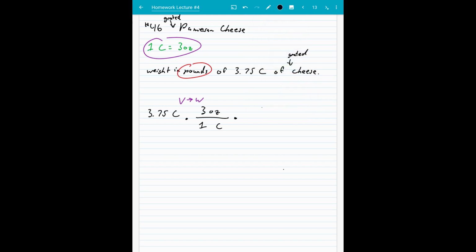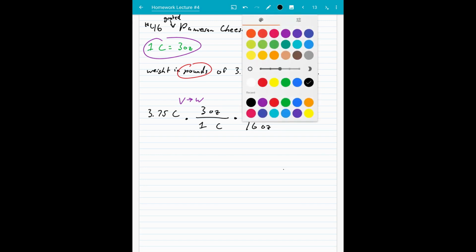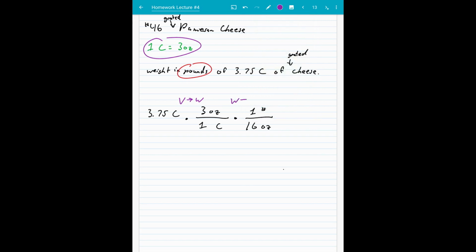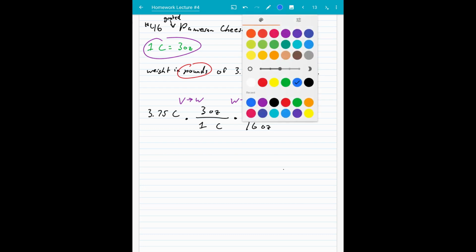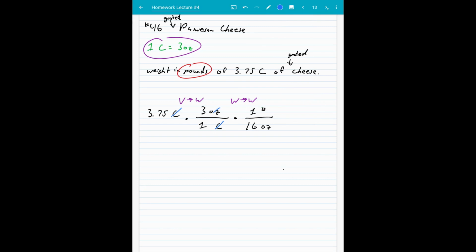Then we just need to change ounces to pounds. There's 16 ounces per 1 pound. That would be your weight to weight conversion. And you can double check. Cups cancel out, ounces cancel out. You're left with pounds. So we did the volume to weight conversion right away because we didn't need to convert something before. We had the measurement ready to go.